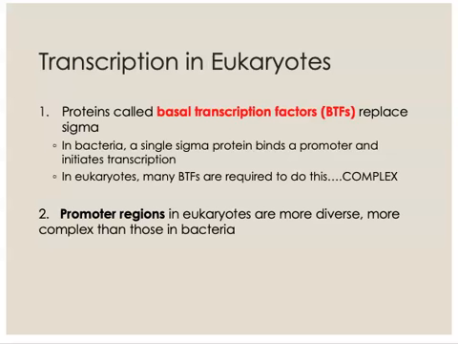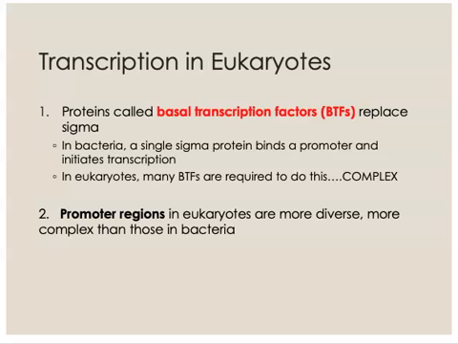Remember, sigma is the regulatory subunit of the RNA polymerase enzyme. In a eukaryote, these BTFs are going to come in and bind to the promoter and guide the core in and help in the initiation of transcription.